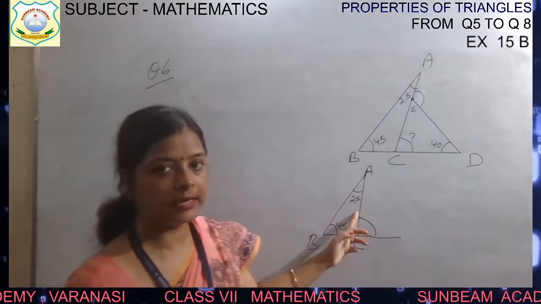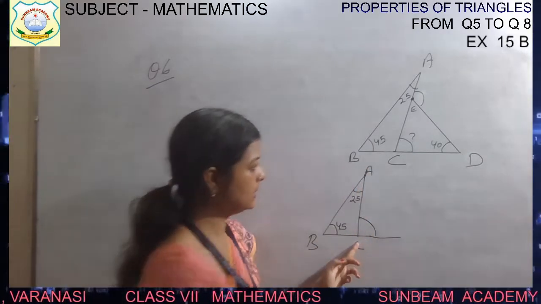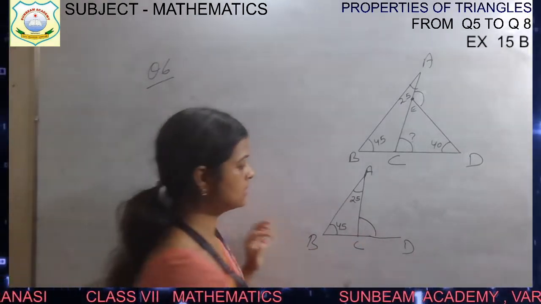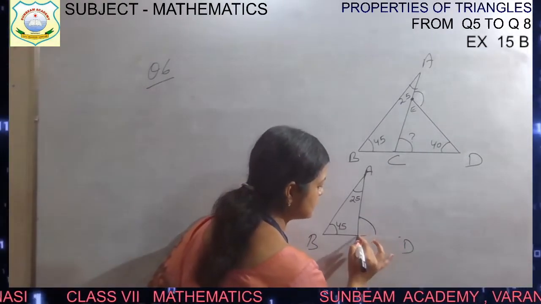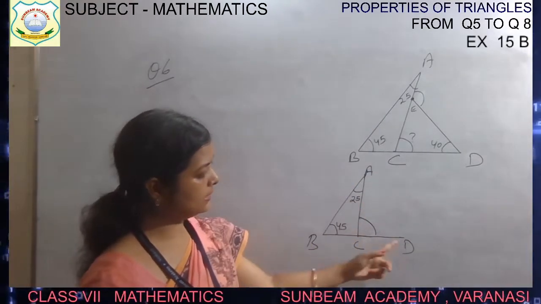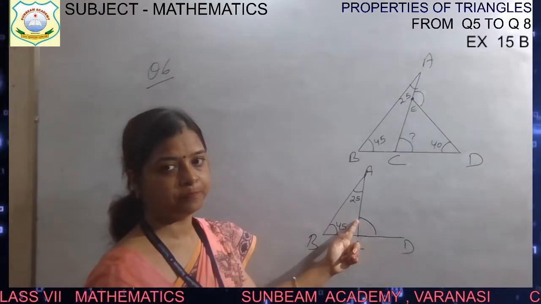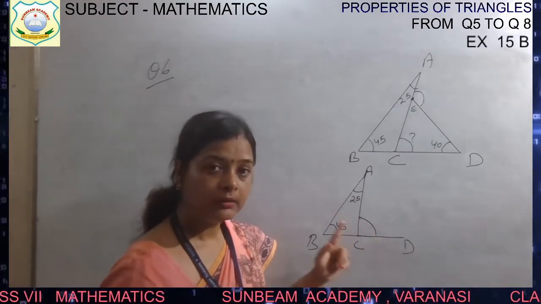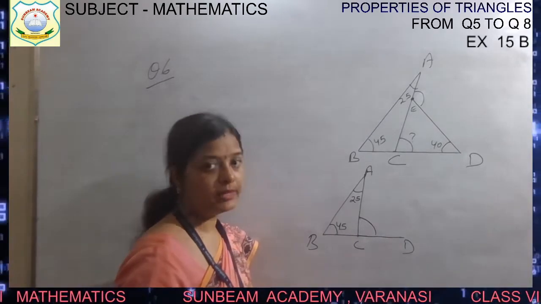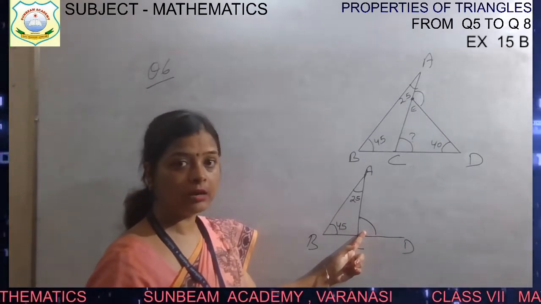For the first triangle ABC, this angle C, AC, and the third one, this one is D, right? So this particular angle is what? This is exterior angle, isn't it? ACD is an exterior angle for triangle ABC, and by using the exterior angle property of a triangle, we can find this angle. Can we find? Yes, we can find. How, children?